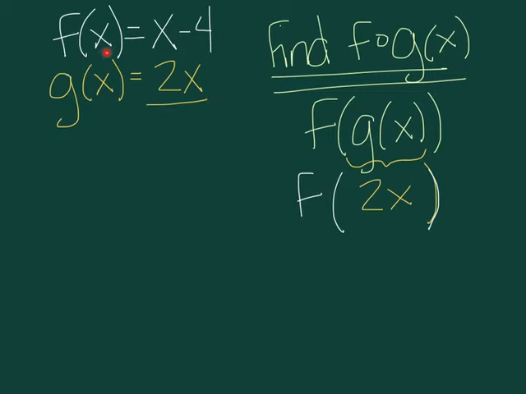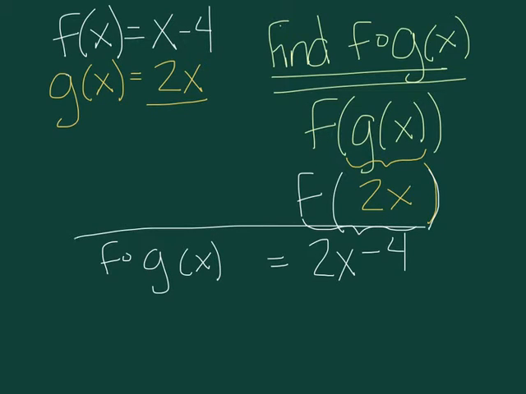So if f of x is really x minus 4, remember we're replacing x with the 2x. So f of 2x is 2x minus 4. So our f of g of x is 2x minus 4.